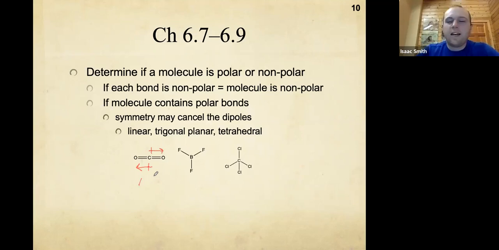So that's a nonpolar molecule, okay? These are nonpolar. These have polar bonds. All these have polar bonds, but overall, the dipoles cancel out. So basically, if you have all of this, you're just going to cancel out, okay?